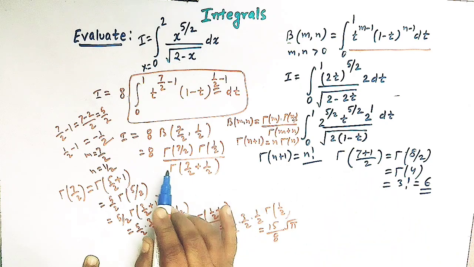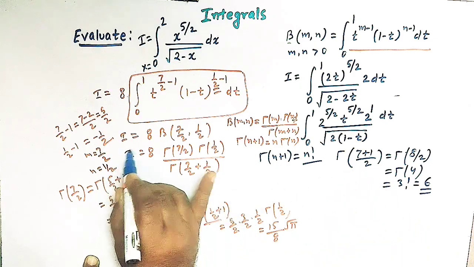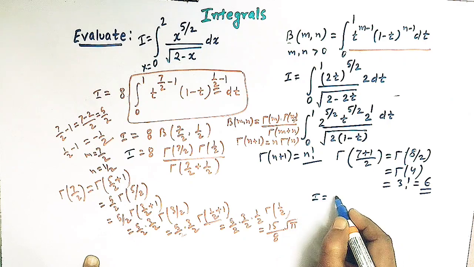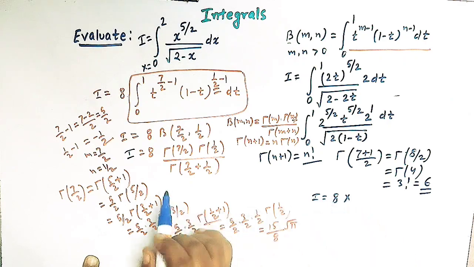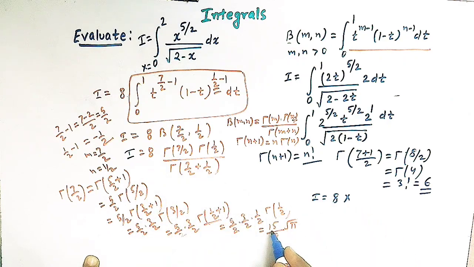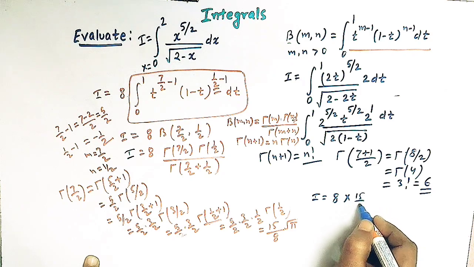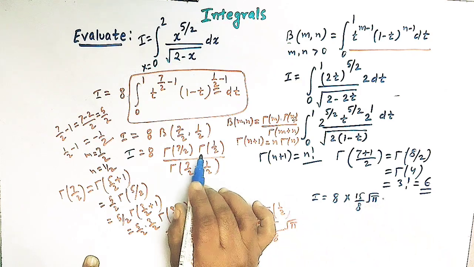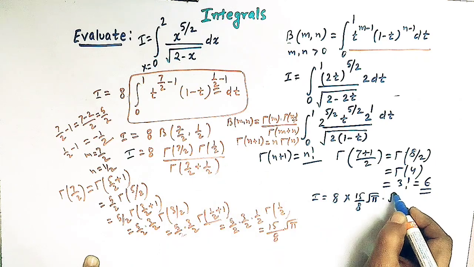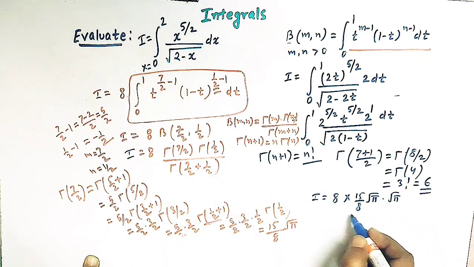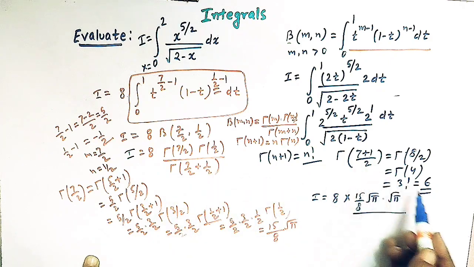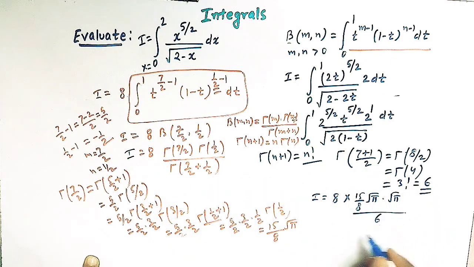So now we can write the value of this integral I as 8 times gamma 7 over 2, which is 15 over 8, and here we have root pi, and gamma half is square root of pi, and divided by this expression, and this is equal to 6, right?